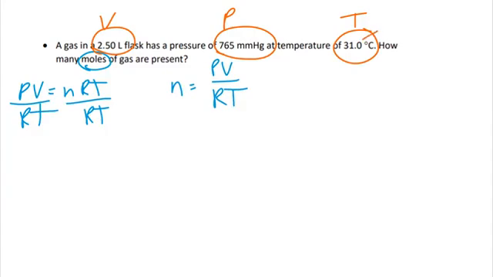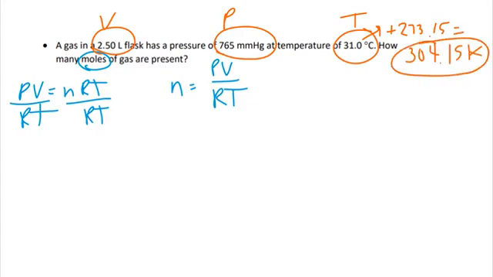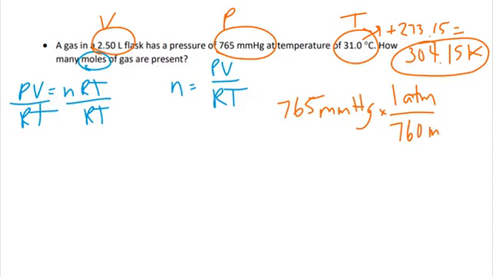So let's do temperature right off the bat. So I'm going to add 273.15. All right, so that solves one problem. Next, I need to get my millimeters of mercury. So we're going to say 765 mmHg. And if you look back earlier in your notes, we learned that 1 atm was equal to 760 millimeters of mercury.